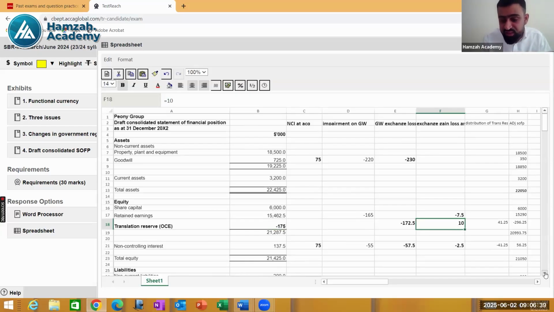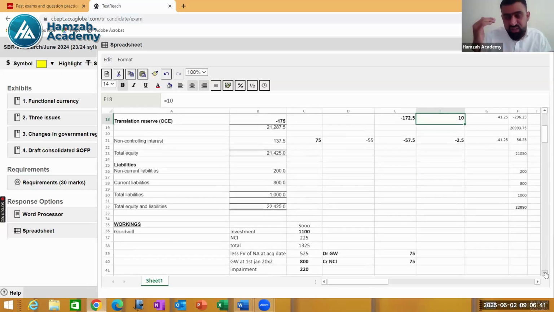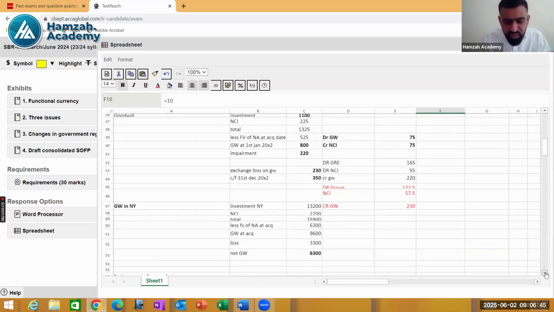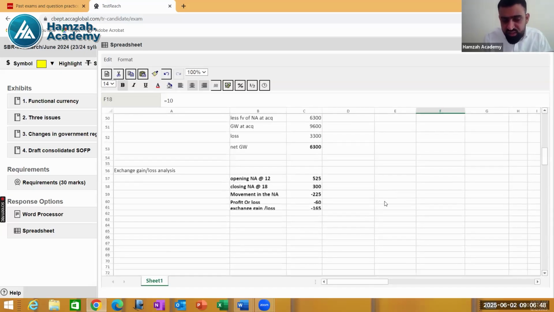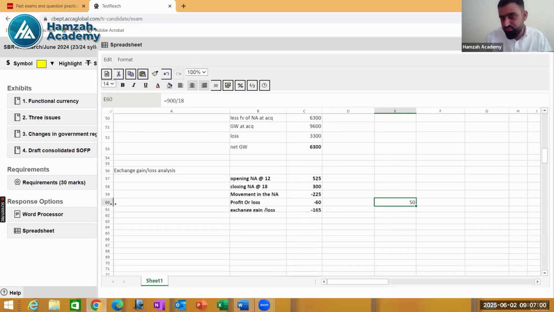But there will be another impact, that is the credit side where you credit the translation reserve. But obviously there is another problem, and the problem is that the loss you have translated using the closing rate gives you a loss of 50, which you have reported in your group reserve and NCI.